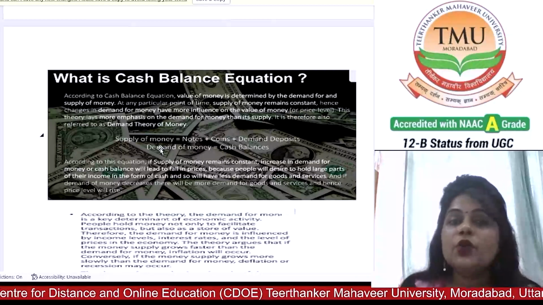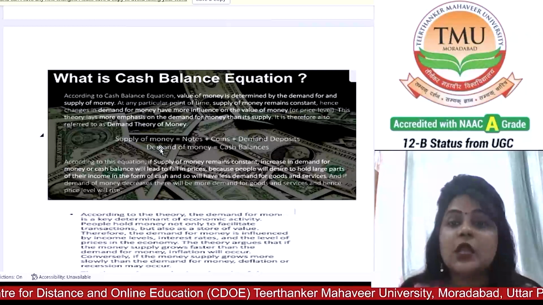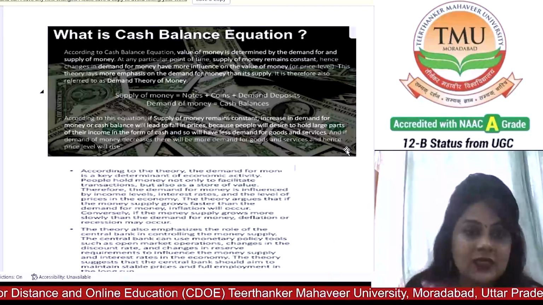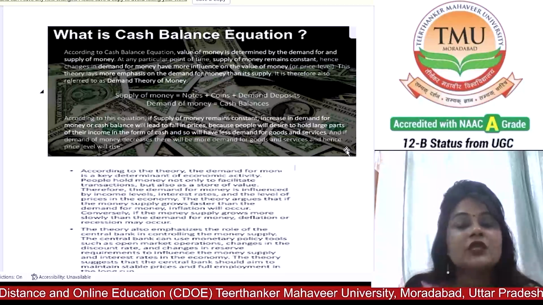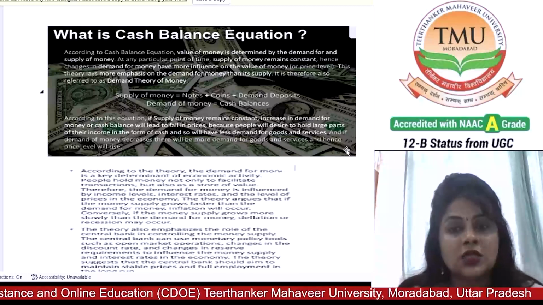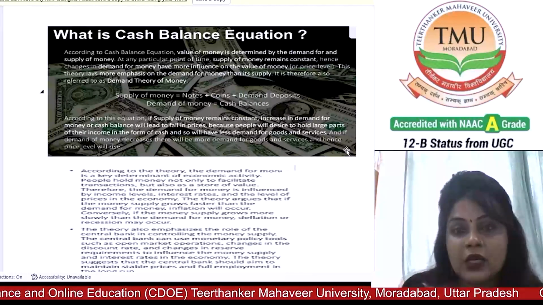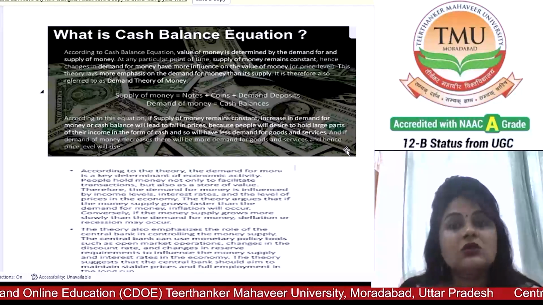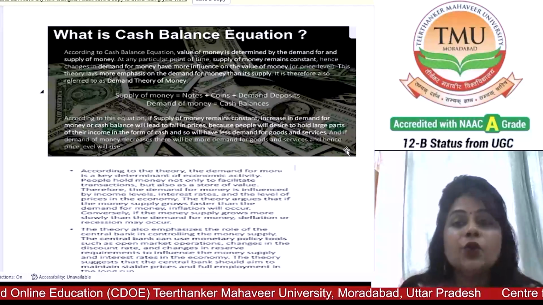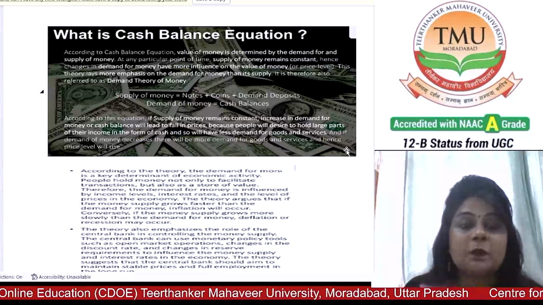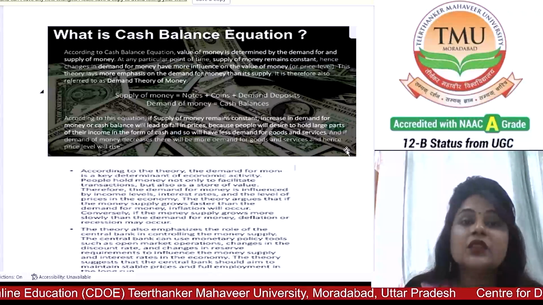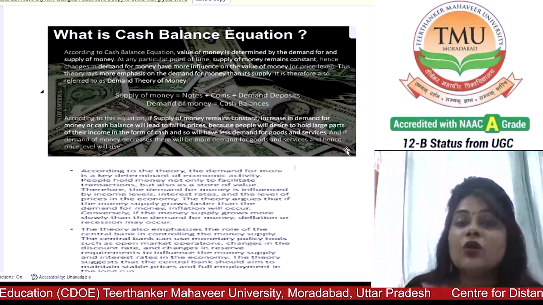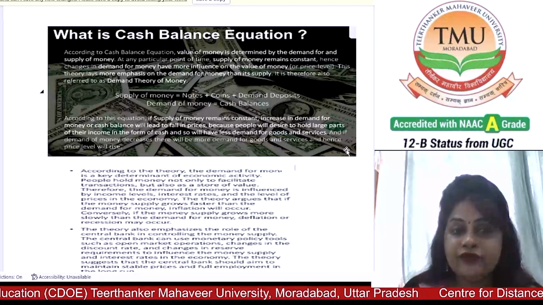Supply of money is equal to notes plus coins plus demand deposits. Demand for money is equal to cash balance. According to this equation, the supply of money remains constant. An increase in the demand for money or cash balance will lead to a fall in prices, because people will desire to hold large parts of their income in the form of cash and so will have less demand for goods and services.